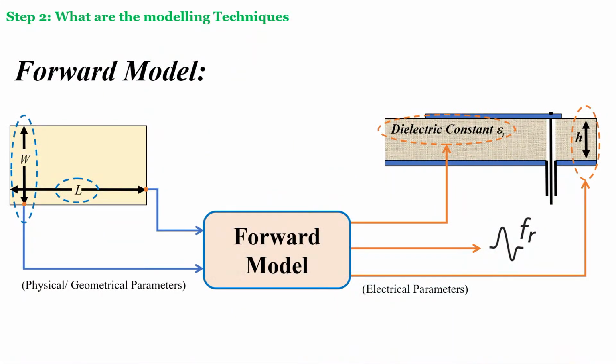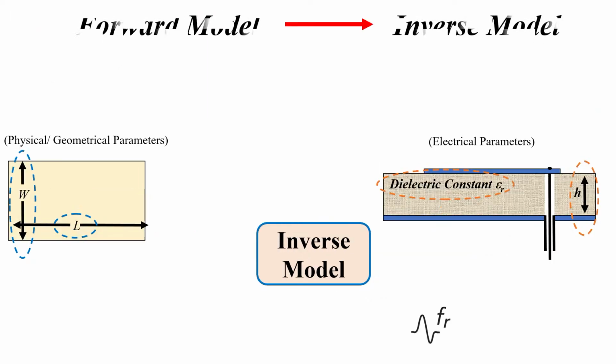So this is the geometry of the rectangular microstrip antenna, the top view and the side view of the microstrip antenna with coaxial feed. Now, the modeling techniques. We have two modeling techniques. First is the forward model and second is the inverse model. In the forward model, we use the physical, or we can say the geometrical parameters as the input and get the electrical parameters as the output.